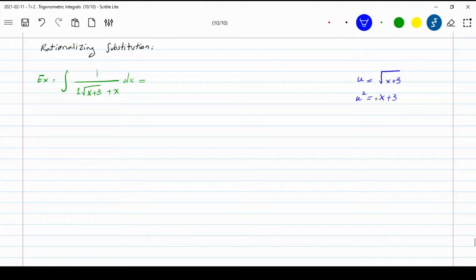So now I would take the derivative. What would be the left side derivative? It would be 2u du. What would be the right side derivative? 1 dx. So I found out what dx is. dx is simply 2u du. You don't need to always take the derivative with the square root involved. You can square both sides and take the derivative.